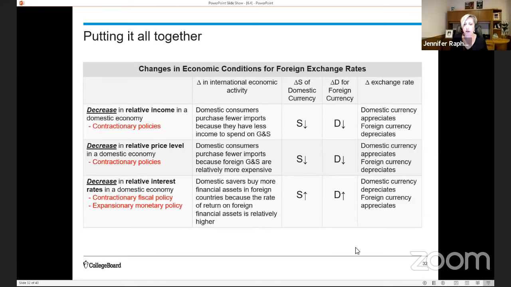Okay, so maybe after watching this video, you want to create a graphic organizer where you put these as your column headings and you put these as your rows, and see if you can work through and reason through each of these steps. And that's really it. That's really putting it all together.